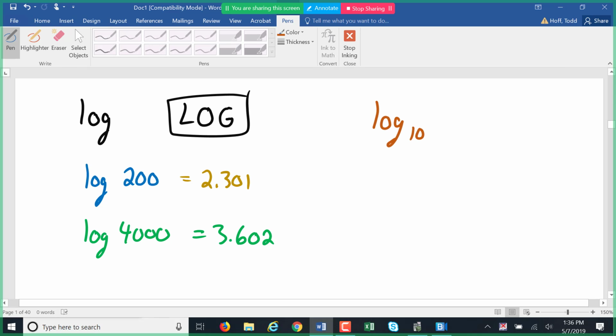Let's do log base 10 of 50. What do you get? Do you get 1.699?